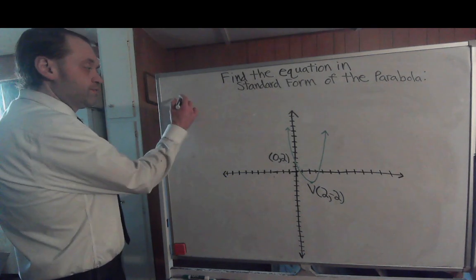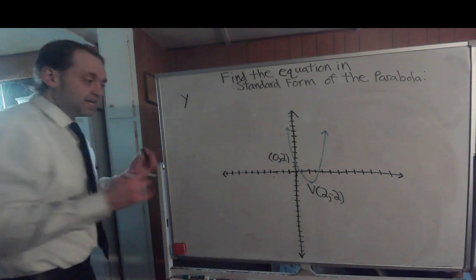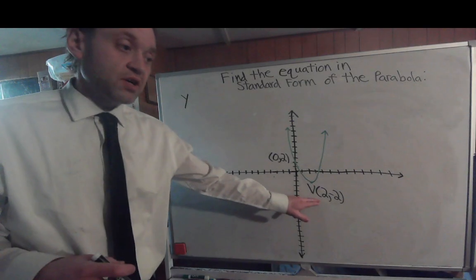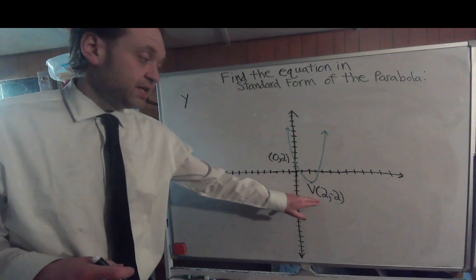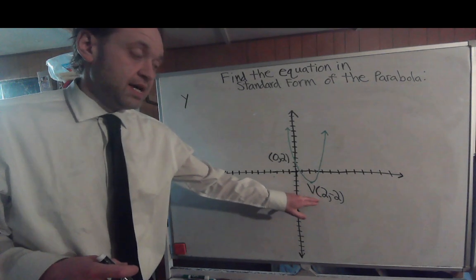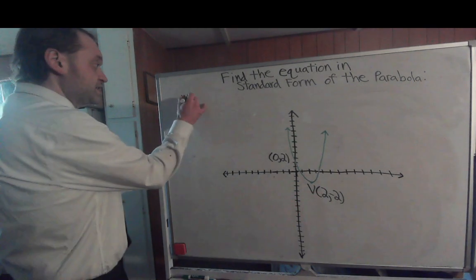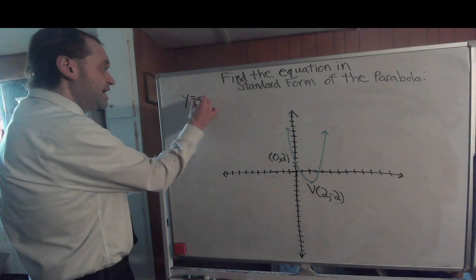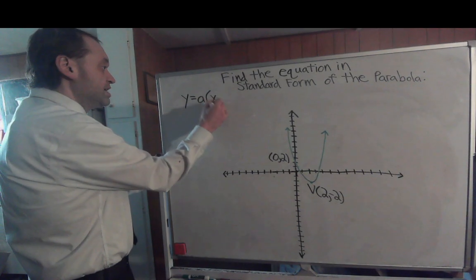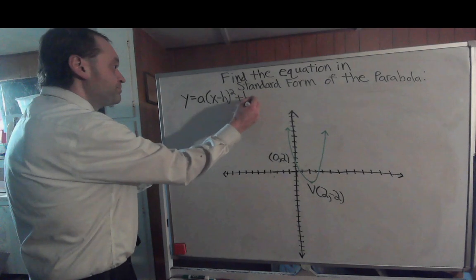The equation for a parabola, in this case, if you are given the vertex, I'm definitely going to recommend that you write the vertex form. The vertex form for a parabola is y equals a times the quantity x minus h squared plus k.